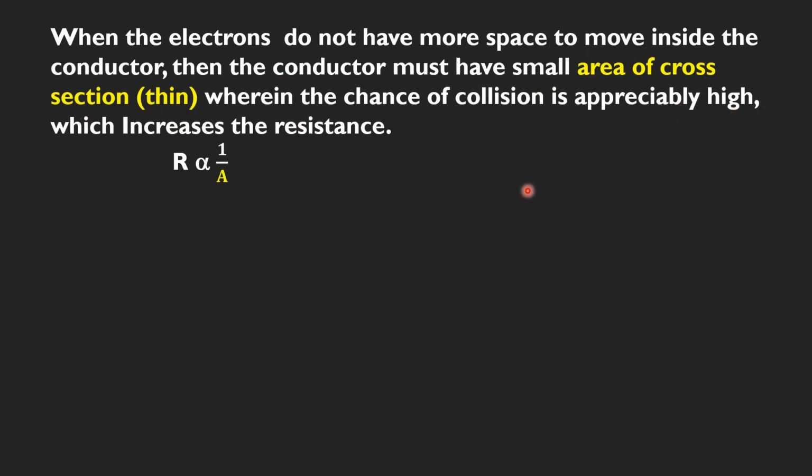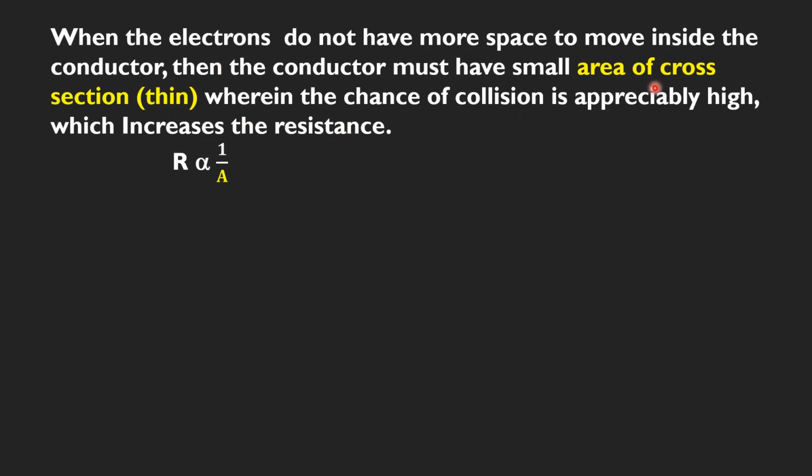Definitely, if the space to move for the electrons is very small, if you consider a very thin wire, there won't be any more space to move inside the conductor, wherein the chance of collision is definitely high, and therefore due to collision the temperature increases and the resistance also increases.